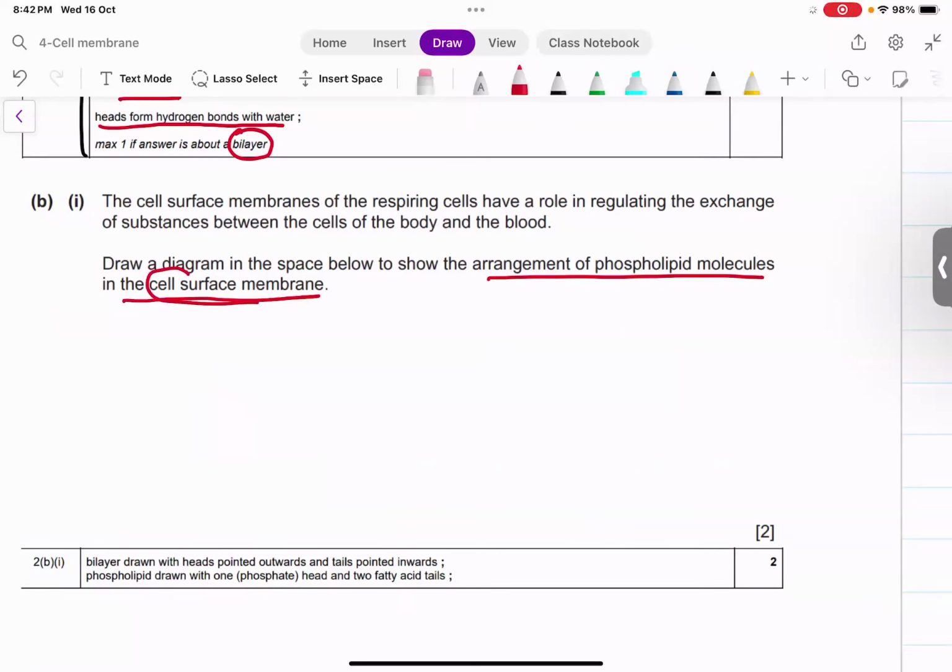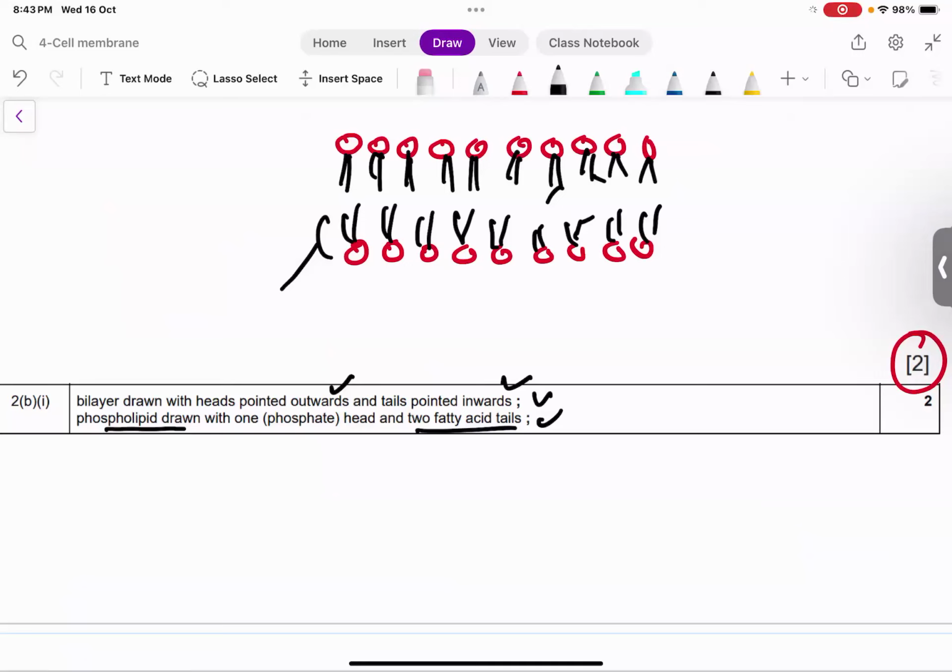Okay. So let's see, bilayer drawn with heads pointed outwards and tails pointed inwards, and phospholipid drawn with 1 phosphate head and 2 fatty tails. So you see, both of these conditions are fulfilled by this answer. We have this phospholipid molecule with 1 head and the 2 tails, and we have this bilayer.